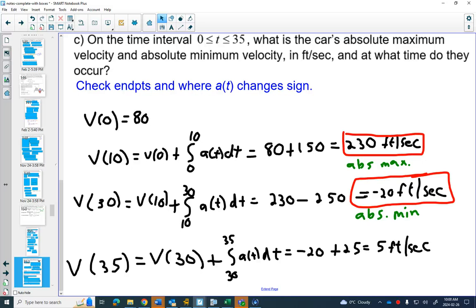This one happens at 10, this one happens at 30. If we check the endpoint, you're only going 5 feet per second, so it's going really slow right at the endpoint.